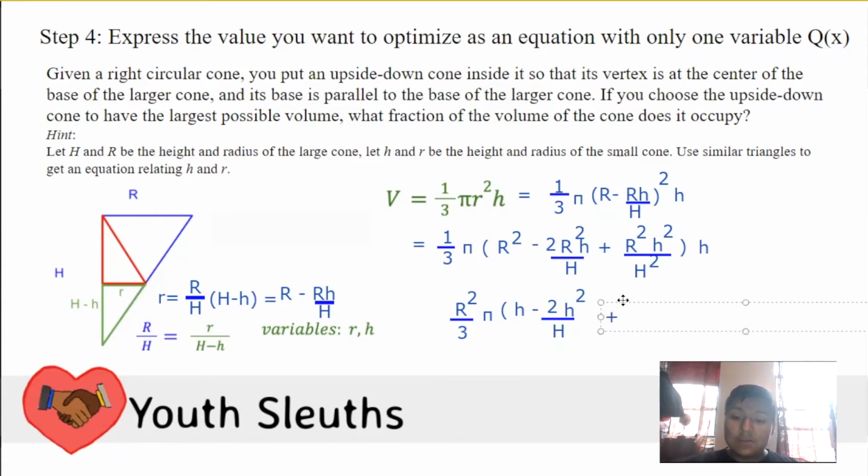Now for the last one, again, big R squared factored out. So we have little h squared times little h. So it's little h cubed, and that's being divided by big H squared.